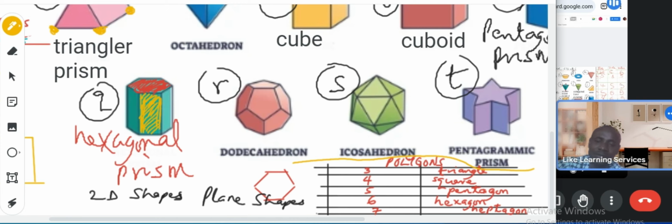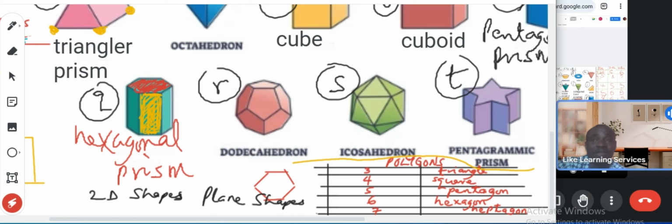What's the particular name for it? Rectangle. Rectangle.